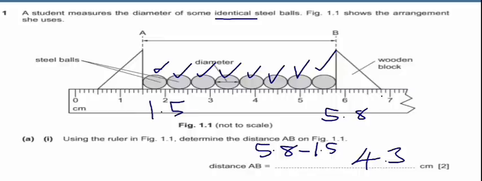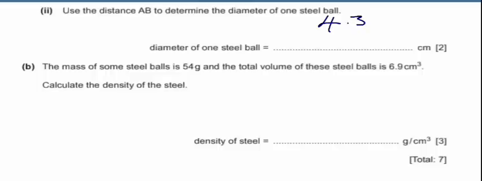For us to know the diameter of each steel ball, we are going to divide this length here by 8. Then when I divide, I'm going to get 0.5 approximately, or 0.54. So I'm just going to say 0.54 approximately.